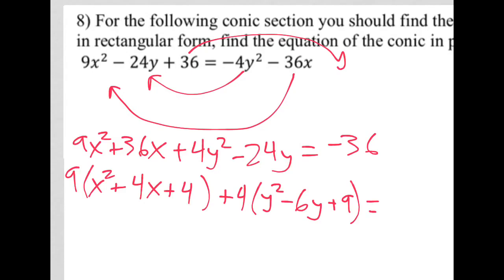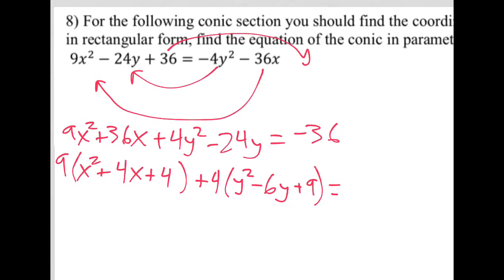And that will equal that negative 36, but I need to balance my equation. I added this 4 times 9, so I need to add 4 times 9 right there, and I added another 4 times 9, and so I need to add another 4 times 9 right there. There you have it. So what does that give us?